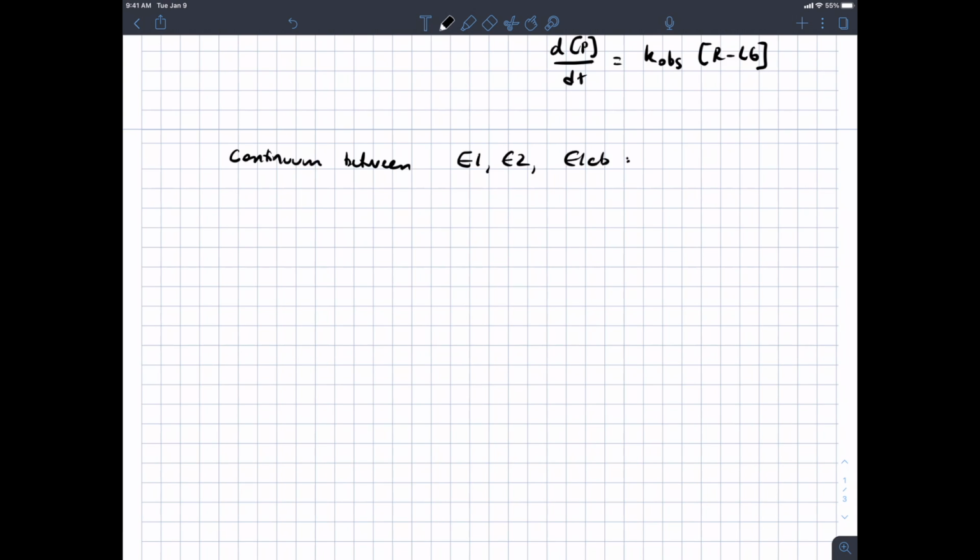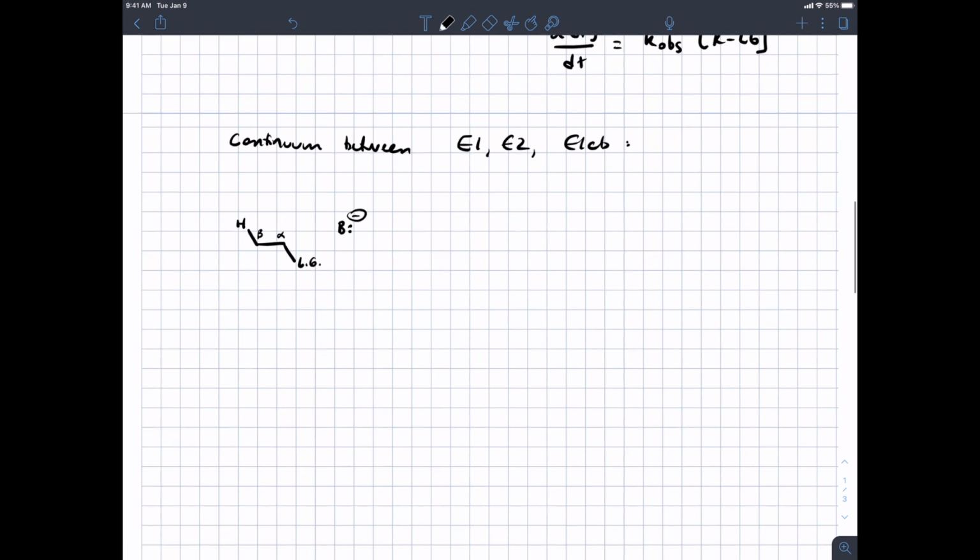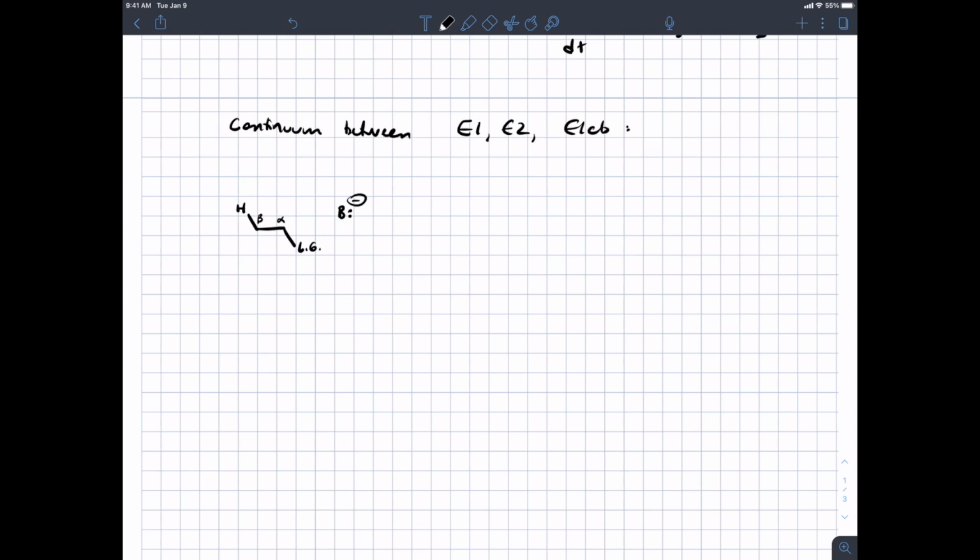In the upper left-hand corner, we're going to have our starting material with our beta proton and our leaving group attached to the alpha carbon. And then you've got a base. And on the x-axis, we're going to have extent of deprotonation.